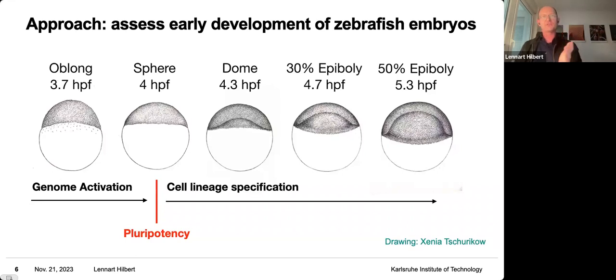After pluripotency, we also have first steps of cell lineage specification, so we can expect that certain genes also will be upregulated and certain genes will be downregulated. So I think this should be a very promising setting to see really changes in transcription level. And because we're around pluripotency, we should also expect clusters that the genes might be interacting with.